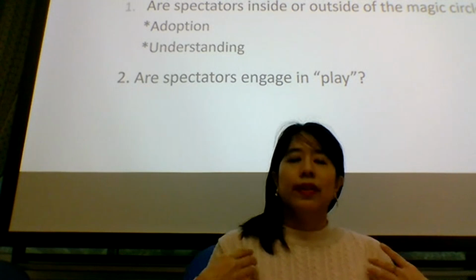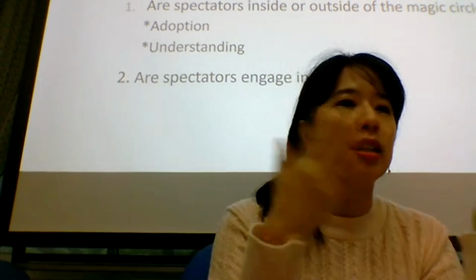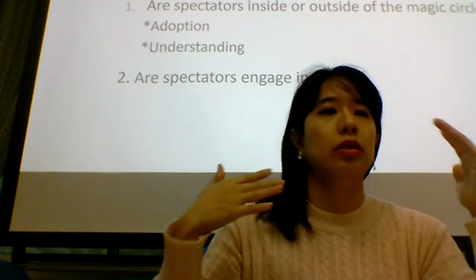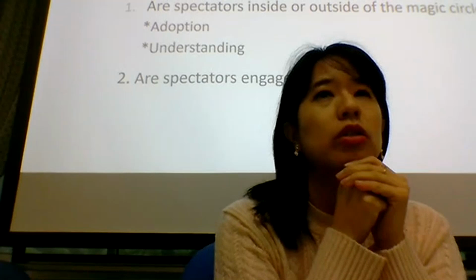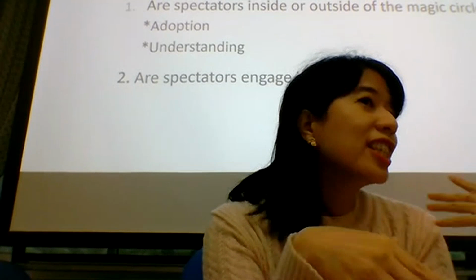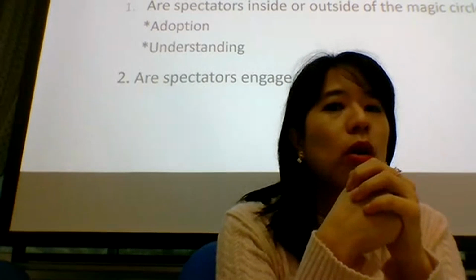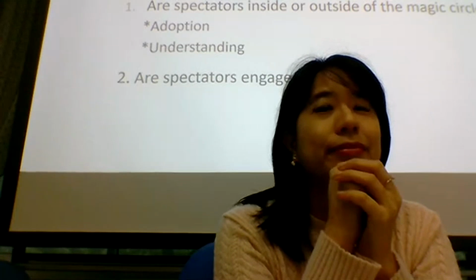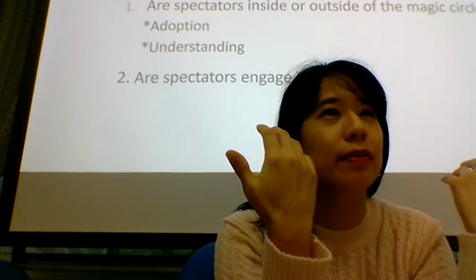You feel like you are in the game world, differentiated from the real world. So that's the magic circle. But when you're watching someone else playing the game, do you think they are in the magic circle? It's so hard.